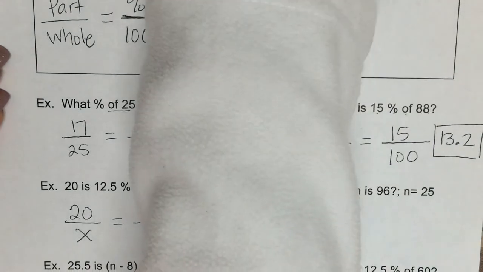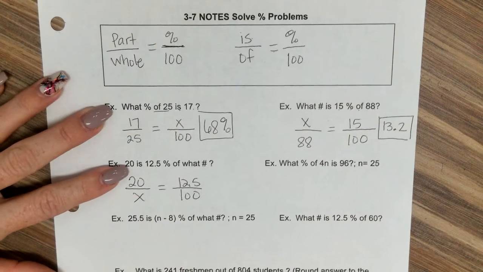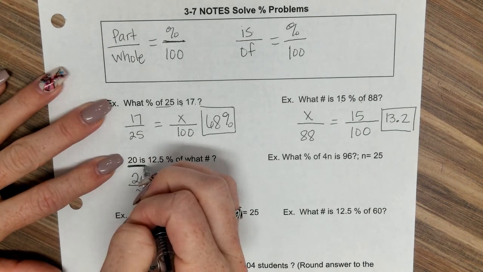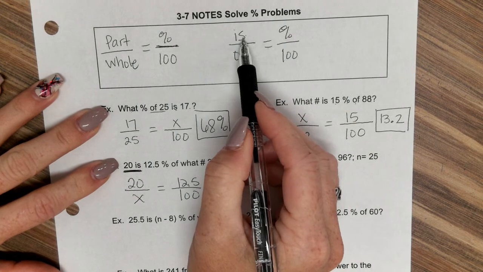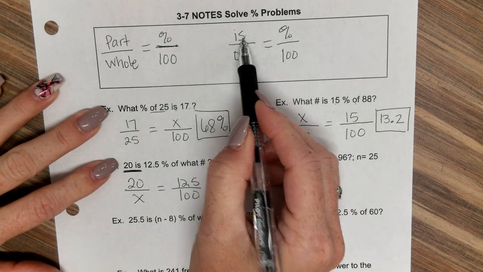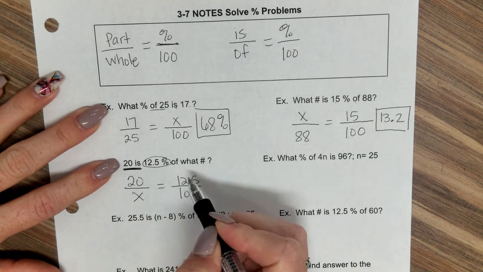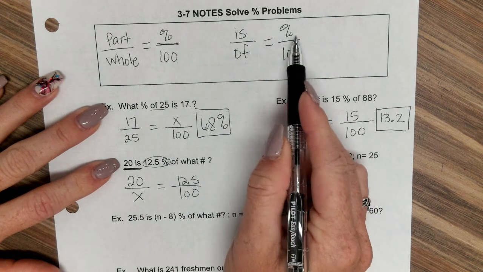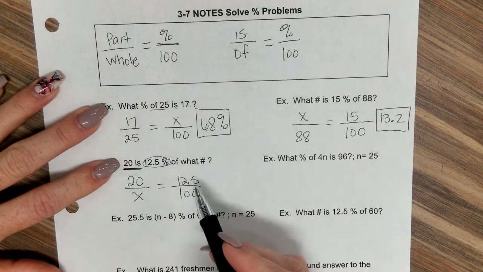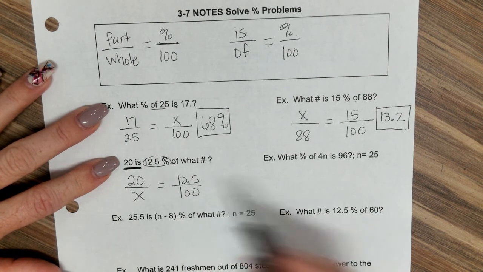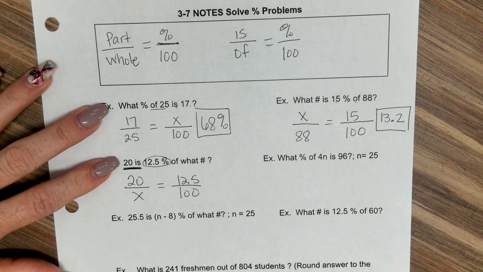So let's talk about it. It said 20 is. So that goes where is. Yes? Okay? This is the percent. So that had to go in the percent part. And 100 always goes in the bottom right. Does that make sense? We sure? Okay.